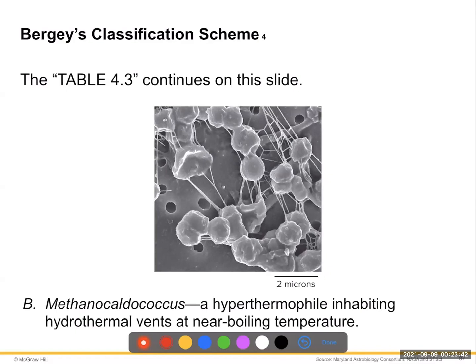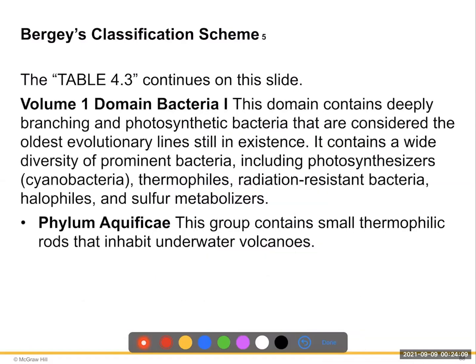Methanocaldococcus is a hyperthermophile inhabiting hydrothermal vents at near boiling temperature, near 100 degrees centigrade. You can see how they morph and take on different shapes. This looks like a cocci here, but then you see how it's morphed into two of those, and how it takes on a ragged shape there. So it can exist at very high temperatures, 230 degrees Fahrenheit or 100 centigrade.